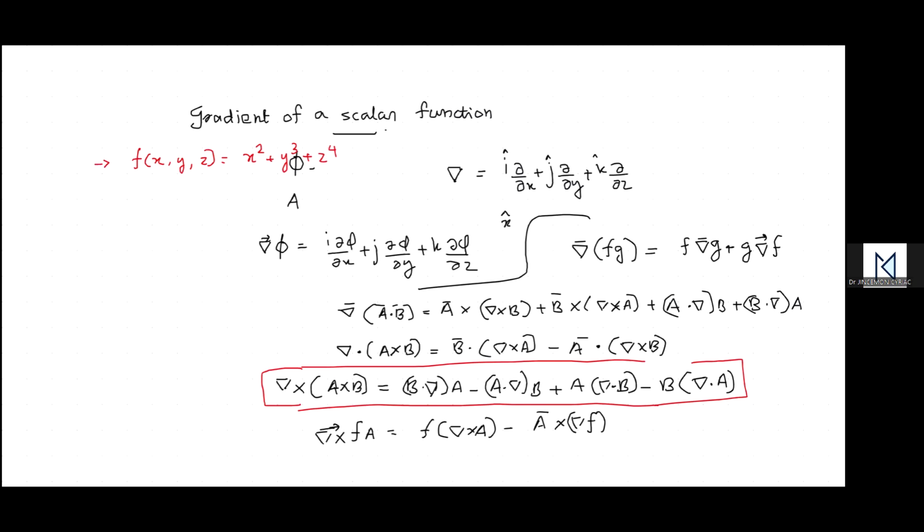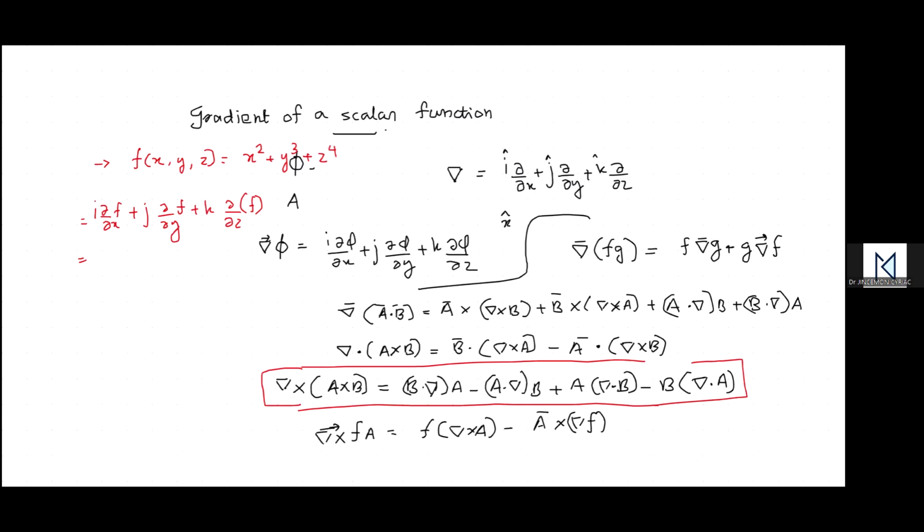So del of this one is i into dou by dou x of this f plus j into dou by dou y of this function plus k into dou by dou z of this function. We differentiate with respect to x.